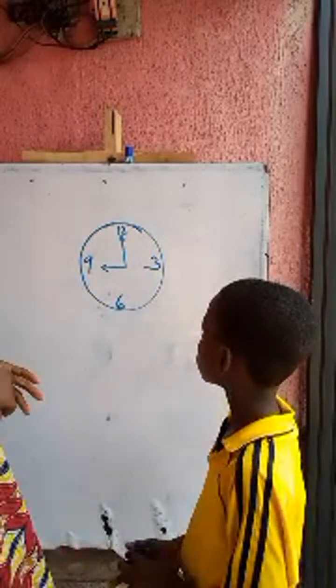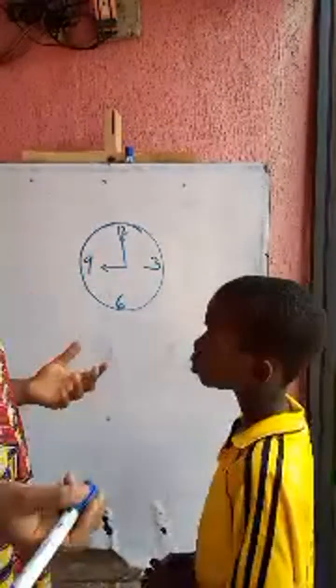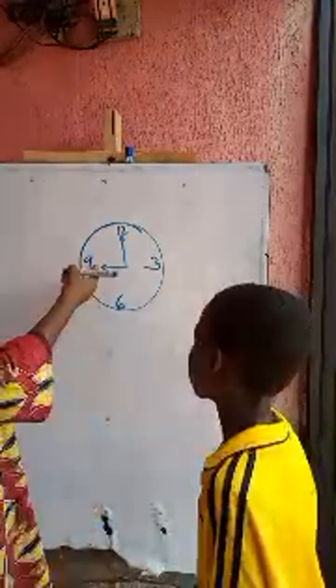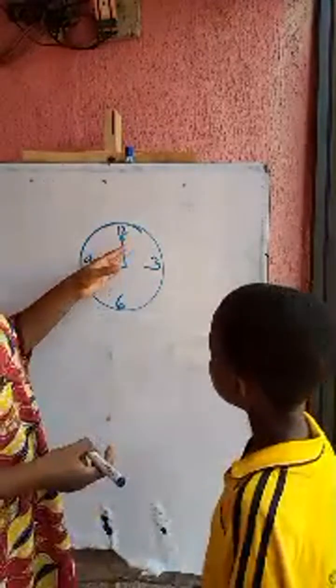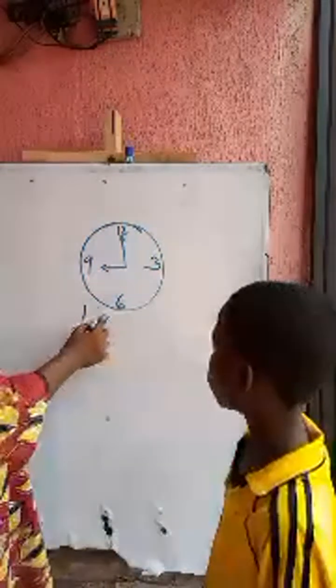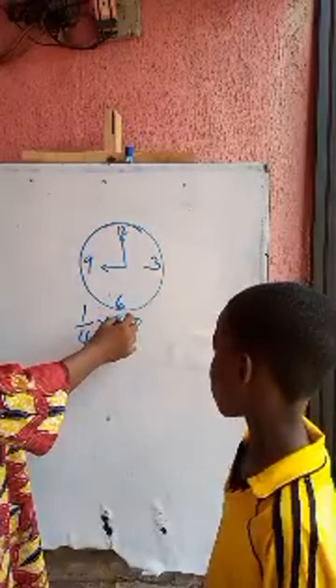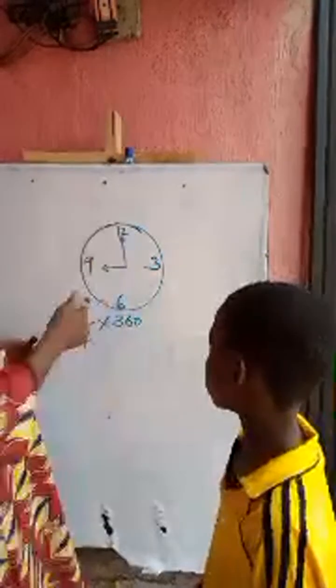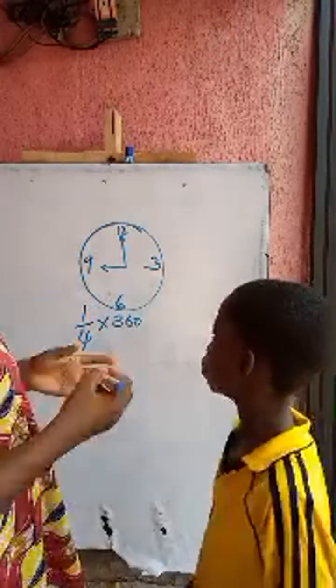Beautiful. So our clock is a complete 360 degrees. So when it is exactly 9 p.m., we can say 1/4 times 360, because the complete circle is 360 degrees.